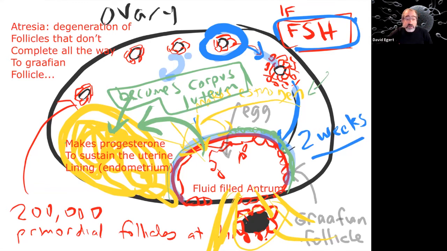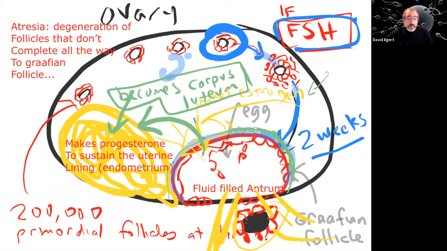Spoiler alert, if there is no pregnancy, the corpus luteum will degenerate, the progesterone will drop, and in a couple of weeks, the uterine lining will slough off, and it'll be the menstrual flow if the progesterone is dropping. Right?